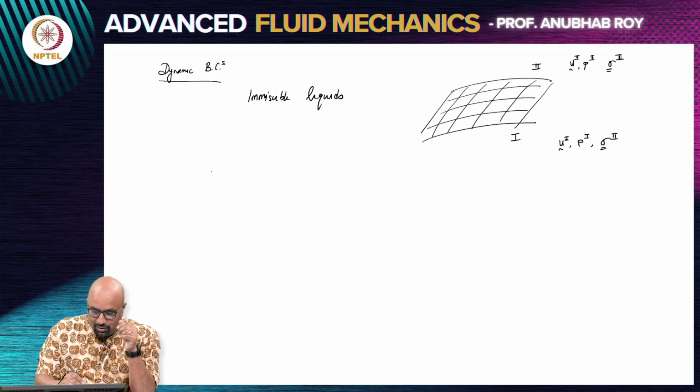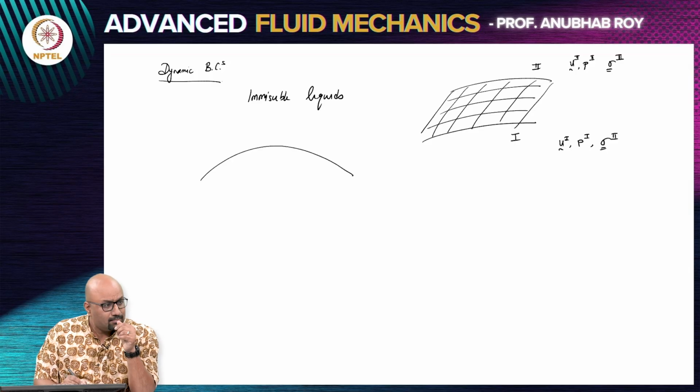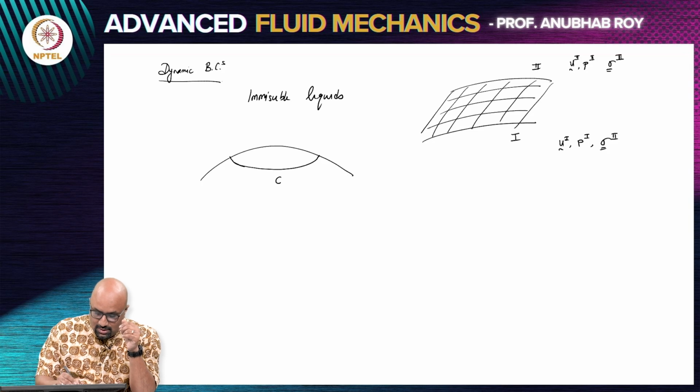So just like any force balance that we have been doing, if you blow up a region of the interface, you try to ask the question: if I were to consider a circuit, so I have drawn a contour here. This is a contour line that I have drawn at a particular patch. So I have an interface, I considered a small patch at the interface.